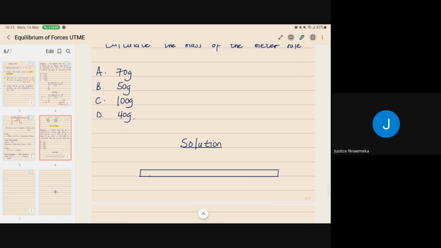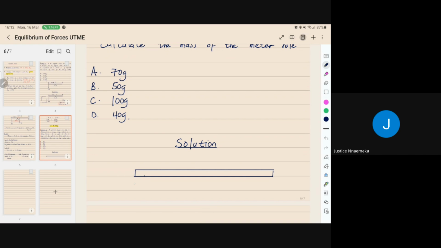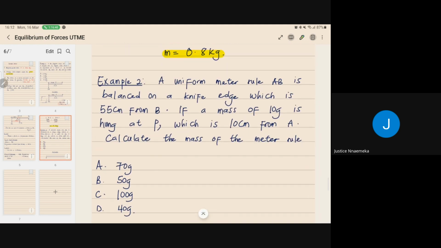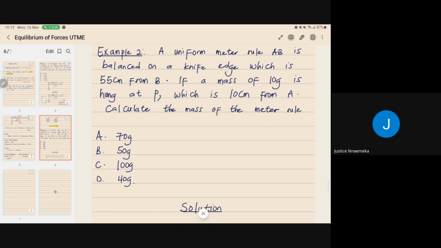So we'll have A to B. We'll have A, this is B. But they said that the knife edge is 55 centimeter from B, right?